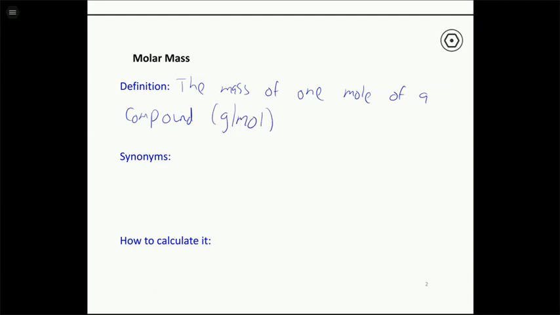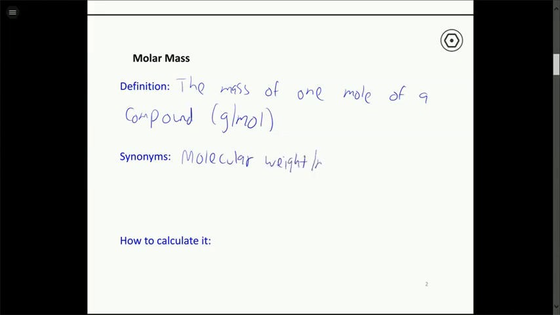So molar mass has a lot of synonyms or pseudonyms, I guess you want to call them that. Other ways that we can call it, but they all really mean the same thing. Sometimes you'll see it referred to as molecular weight or molecular mass, or the formula weight or mass.